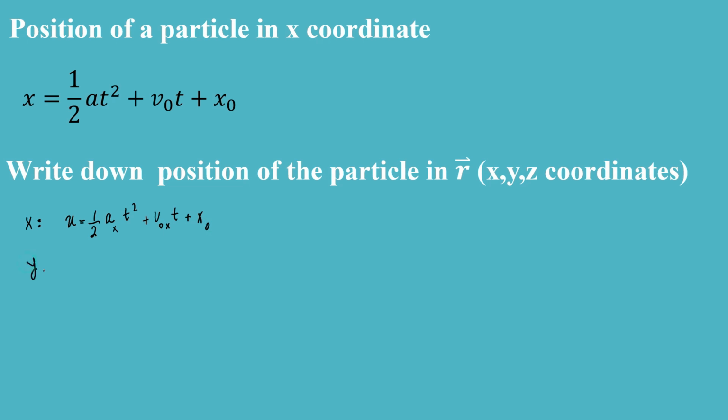For the y-axis, I have y equal to half of a_y t squared plus v naught y t plus y naught. And then for the z-axis, z equals half of a_z t squared plus v naught z t plus z naught.